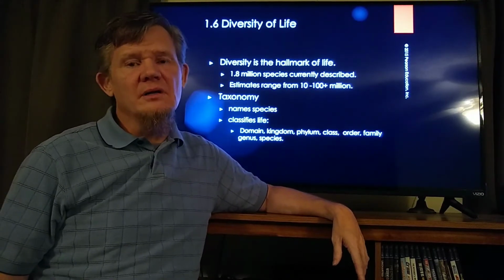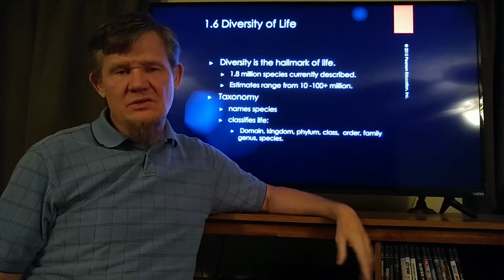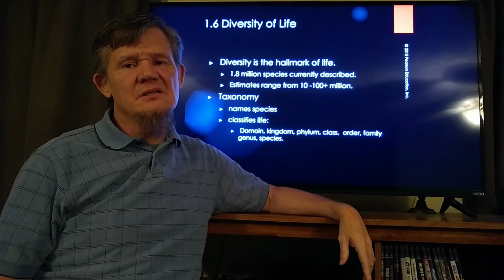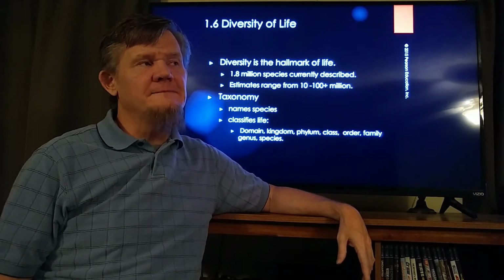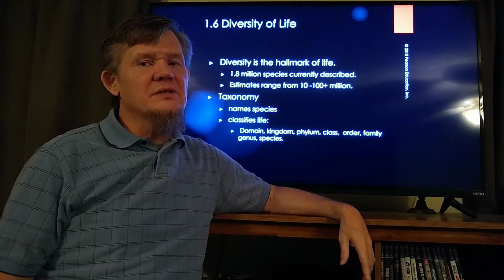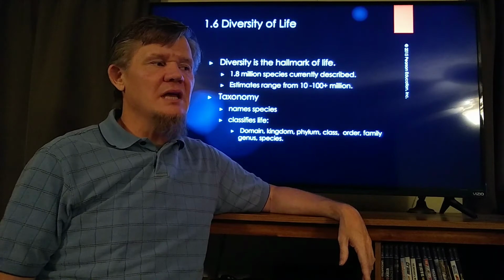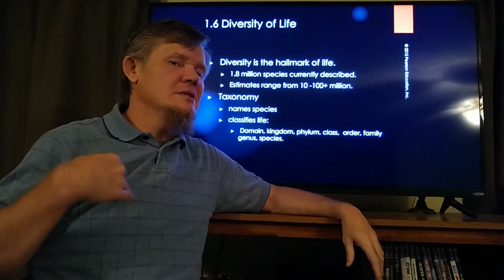Diversity is the hallmark of life. There are, like I said, about 2 million different species currently described. We say that life is really tenacious, which means once life gets a grip somewhere, it's really hard to get rid of it. Life is really good at continuing.